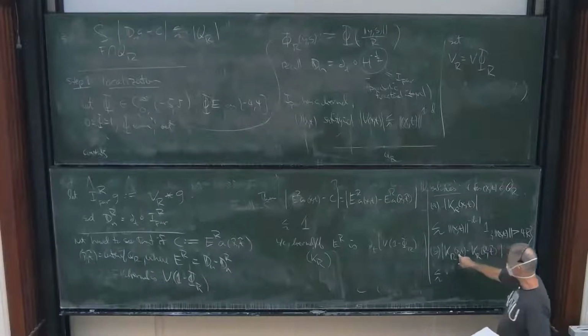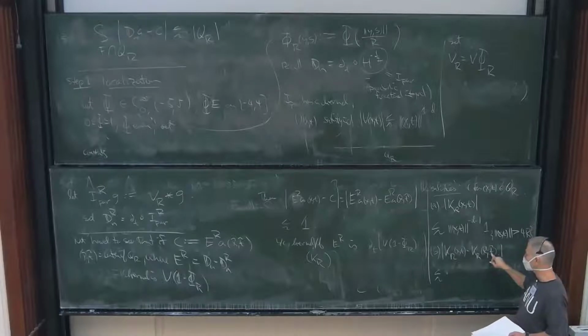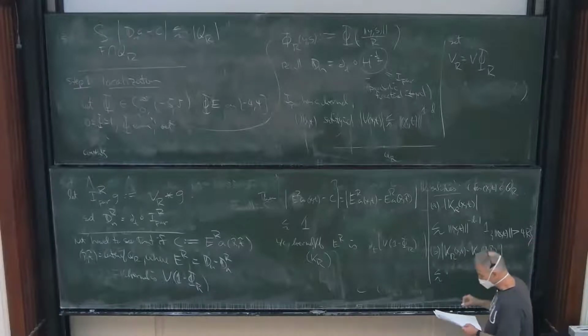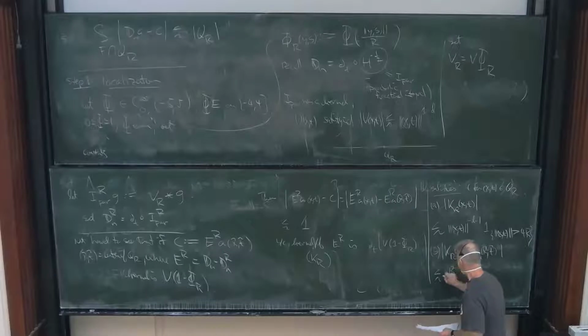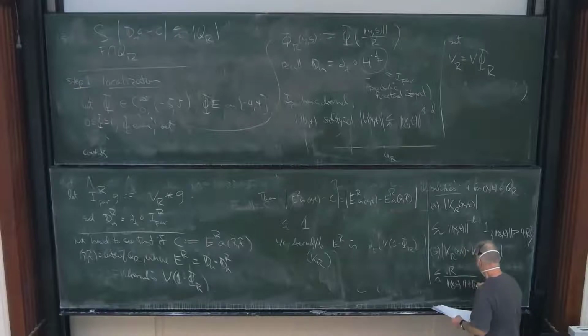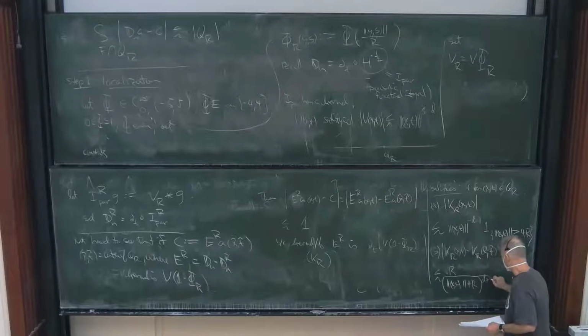And the distance between (x, t) and (x tilde, t tilde) is like r. So this will be like r over the parabolic length of (x, t) plus r to the d plus 2 power.